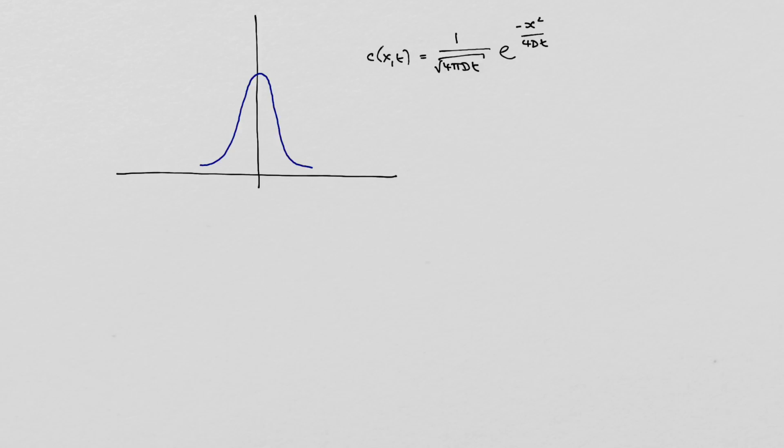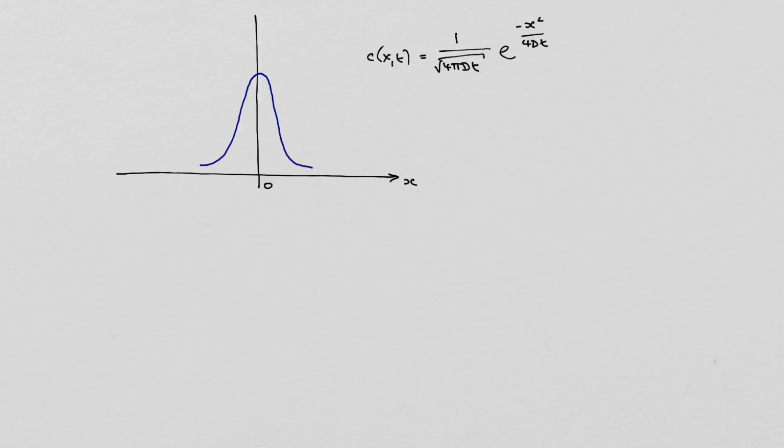For the diffusion at some time t resulting from an initial concentration distribution at time t equals 0 that was all concentrated at a single point. In this case, it would be about the point x is 0, like that.